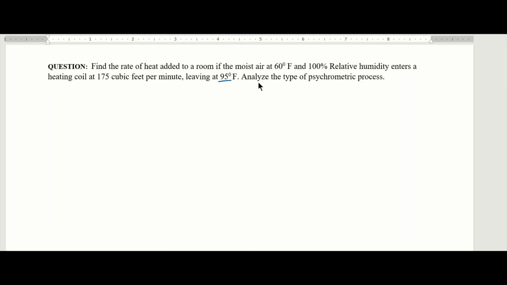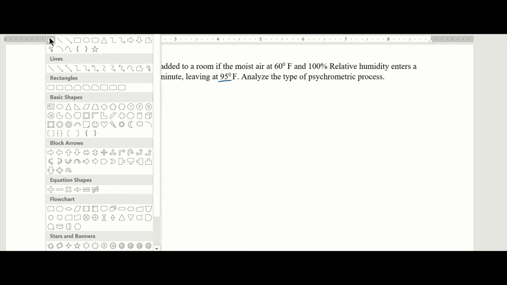So we are asked to analyze the type of psychrometric process. Before I can do this, I would like to plot my chart with the given information so as to know the type of psychrometric process. But first, I want to write out my given conditions.